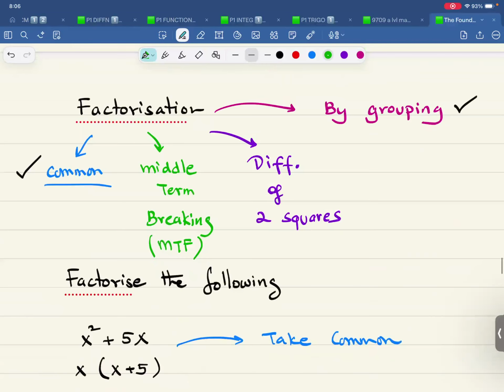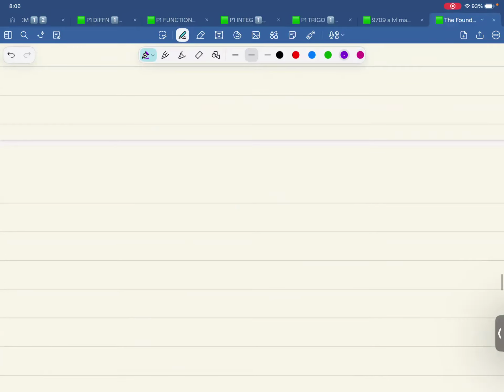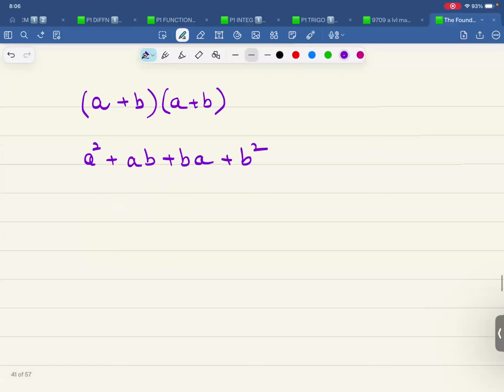Now what is left? Now we are talking about difference of two squares. So this is the most interesting part. If I multiply a plus b into a plus b, this is a square plus ab plus ba plus b square. This becomes a square plus 2ab plus b square. This is one example.